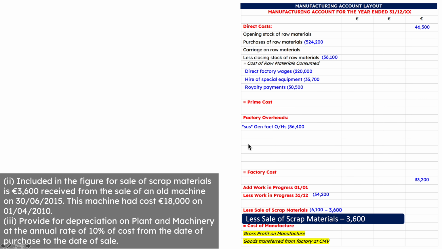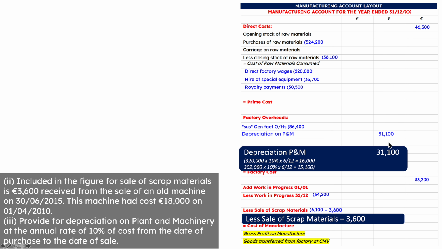Now, what we'll do is we'll look at the depreciation in plant machinery. So we got 31,100 there. So how do we do this? Well, it said provide for depreciation on plant machinery at the annual rate of 10% of cost from the date of purchase to the date of sale.